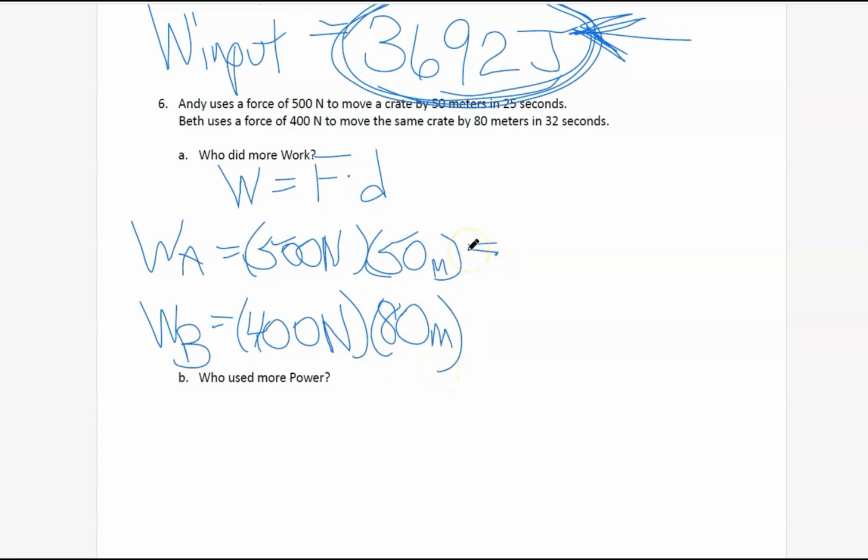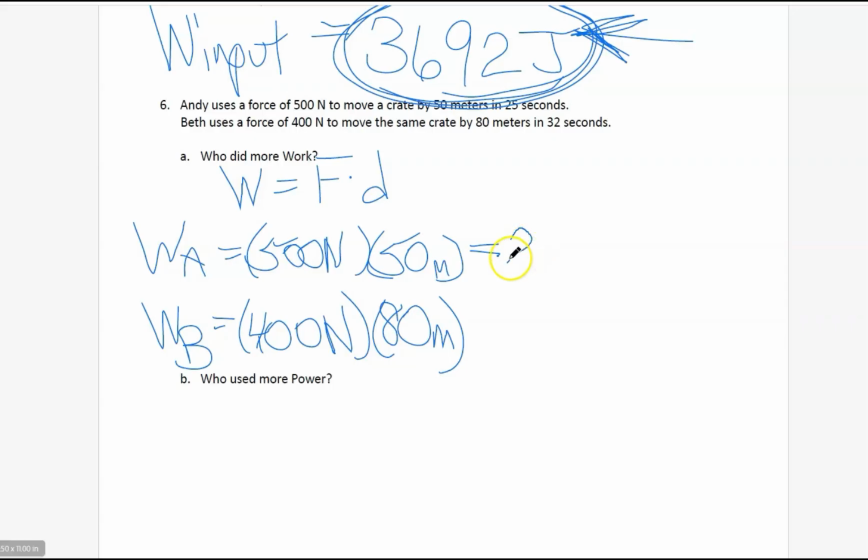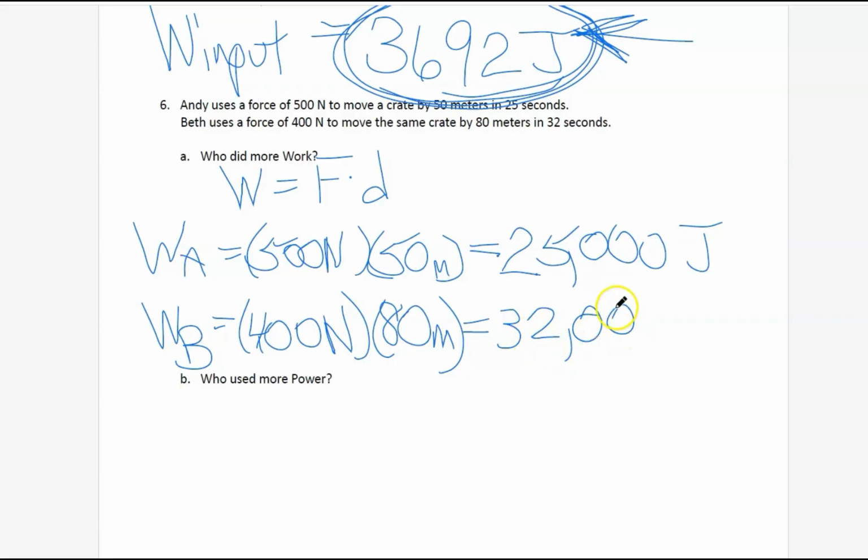We multiply these out, we get 25,000 joules of work performed by Andy, and we get 32,000 joules of work performed by Beth. Beth used less force, but covered a much bigger displacement. And as a result, her work was greater.